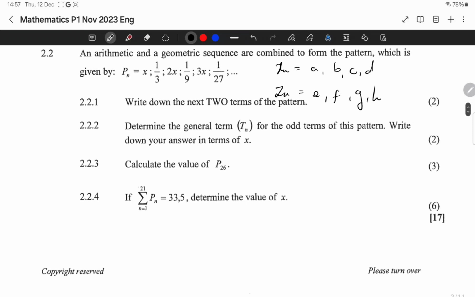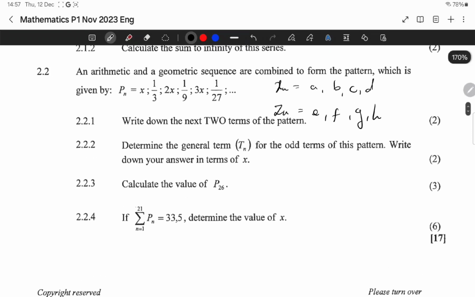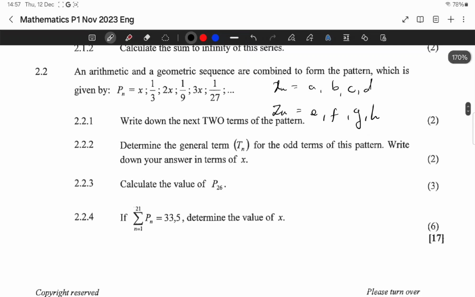These two were combined in such a way that a pattern emerges from this combination. So, for example, they could have had A, E, B, F, C, G, and D, H. This could have been what they came up with.